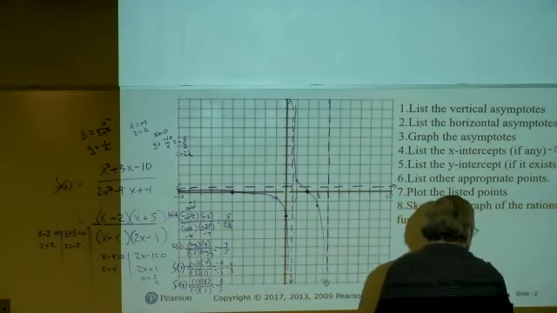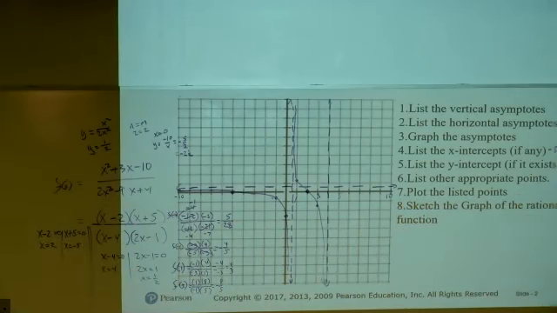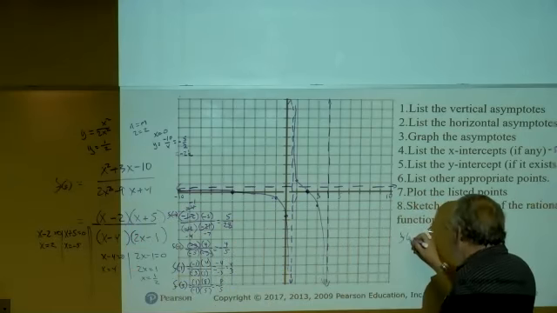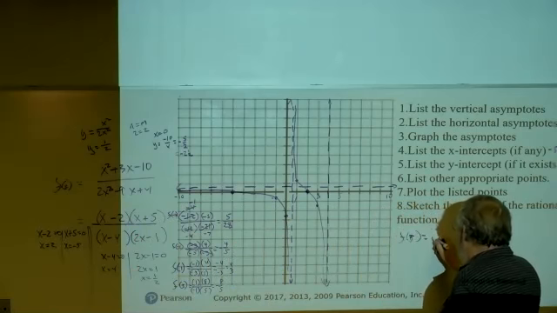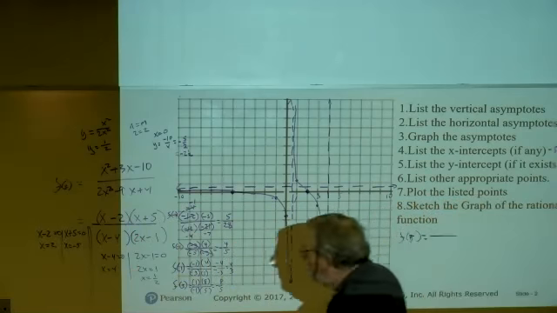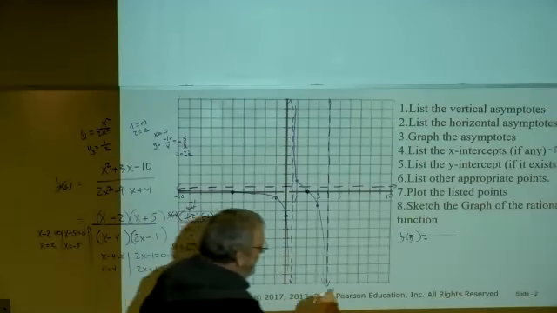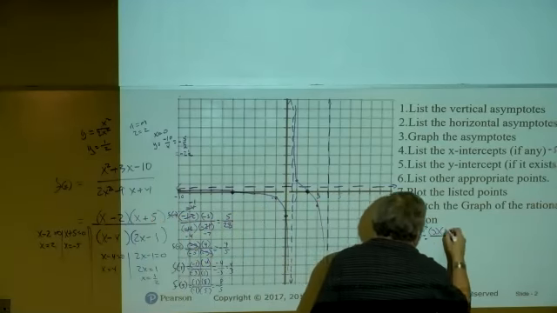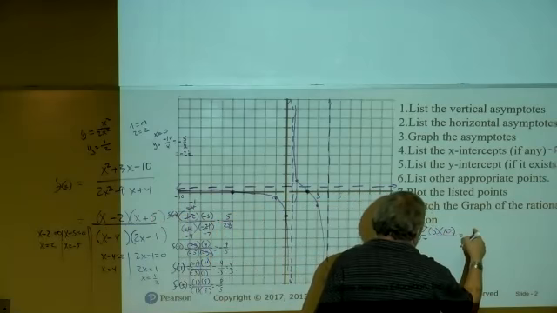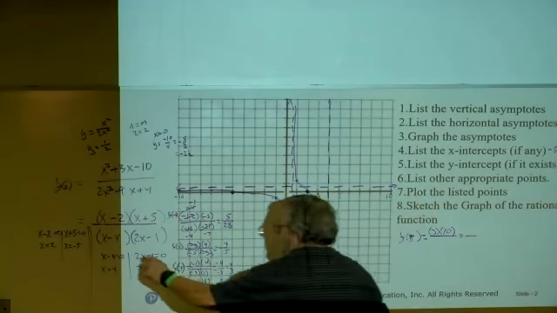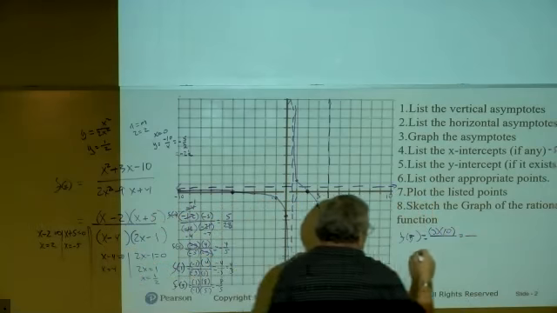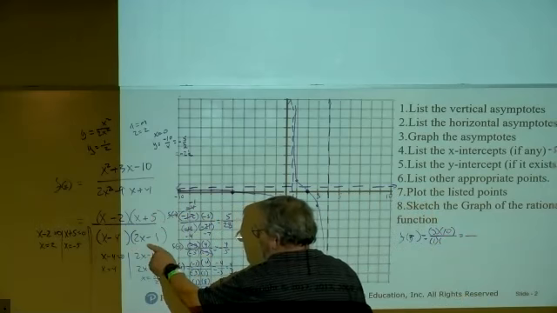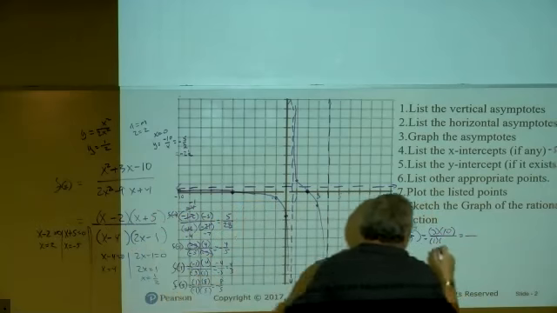So now I have, I want to do f of 5. So 5 minus 2 is 3. And 5 plus 5 is 10. So I have the potential of having 30 here in the numerator. And then 5 minus 4 is 1. And 2 times 5 minus 1 is 9.